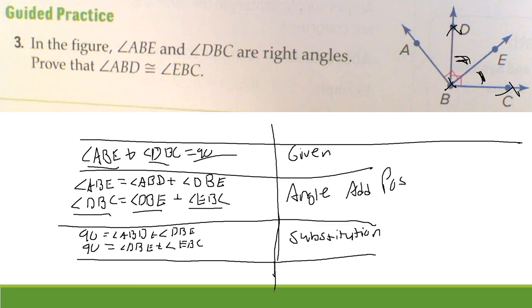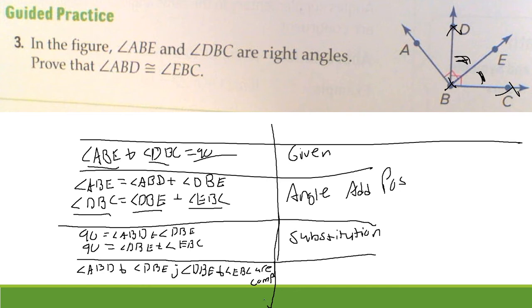Now, if that's true, and I know that these two angles add to 90 and these two angles add to 90, that means they're complements of each other, right? Because complementary angles are what adds 90. So I can say that angle ABD and angle DBE, also these two angles down here, DBE and EBC, are complementary.